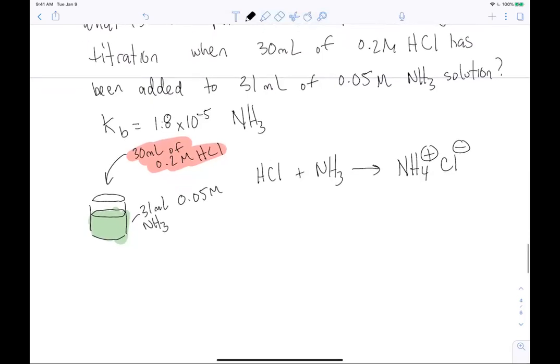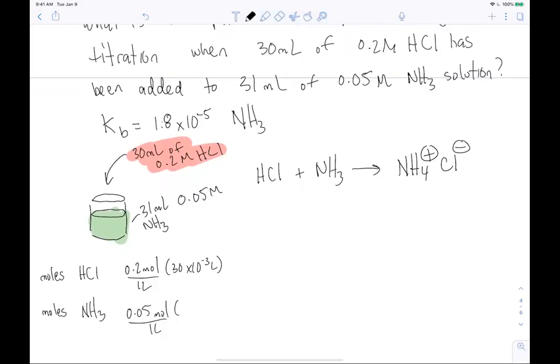So step 1 would be calculating the number of moles of each thing there: moles of HCl and moles of ammonia. And we just do that by multiplying molarity times the volumes.